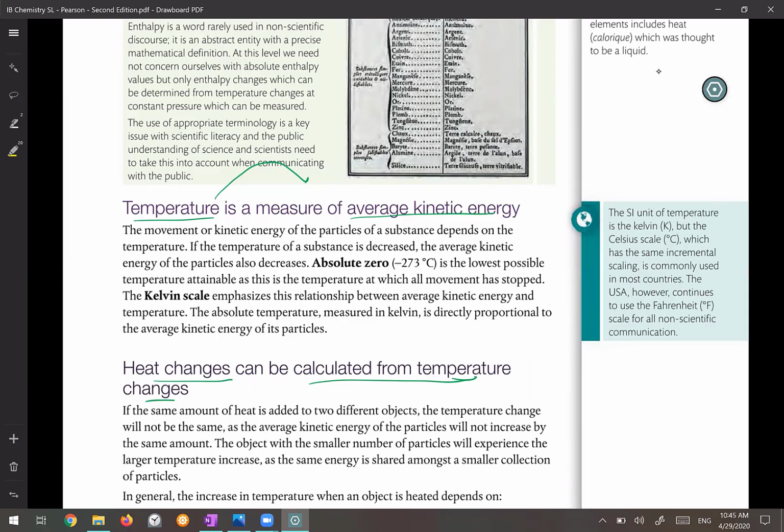Okay? And most of the time, the unit for the temperature that we use is Kelvin, which we can easily convert to degrees centigrade, or if the question is given in degrees centigrade, we can easily convert it to Kelvin.